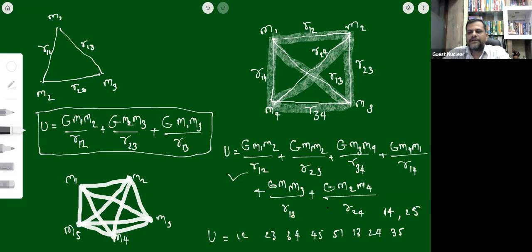So in general, suppose we have 6 particles, answer right now, let's see who gives the correct answer. 1 2 3 4 5 6, okay, these are 6 particles. Now find out how many pairs there will be and how many terms there will be in the potential energy formula. Just don't count, try to find out the general formula for that. Very good, Athar.